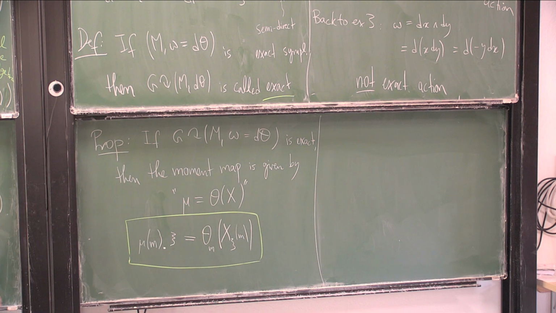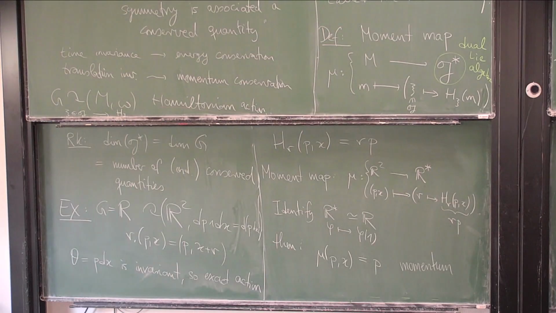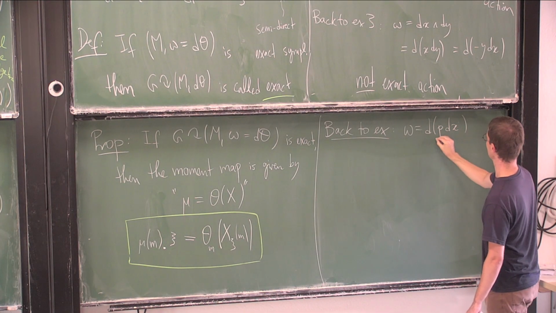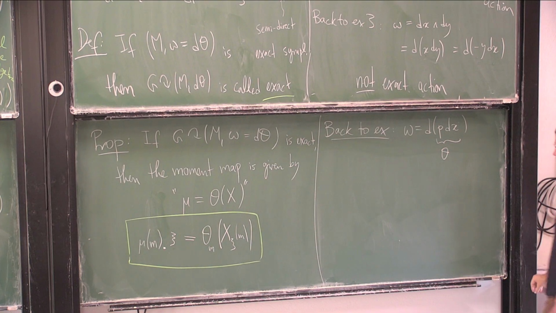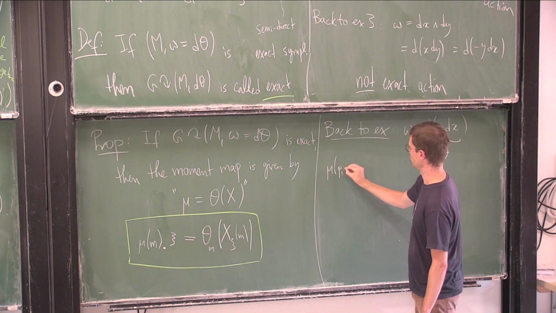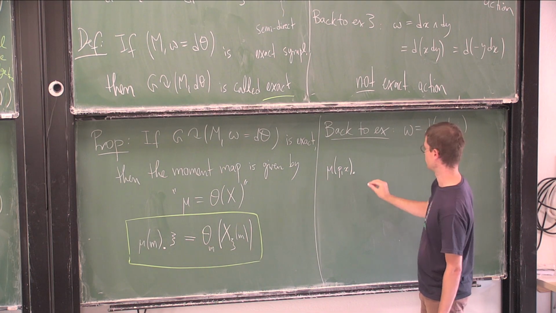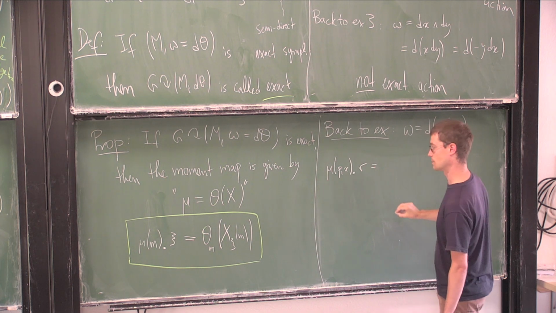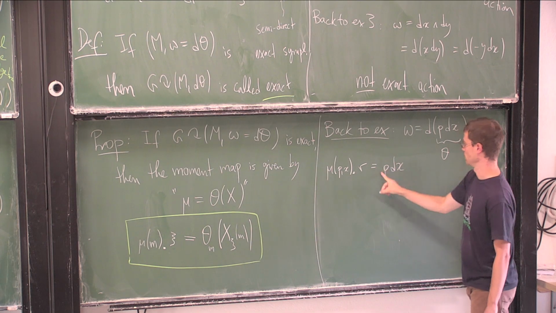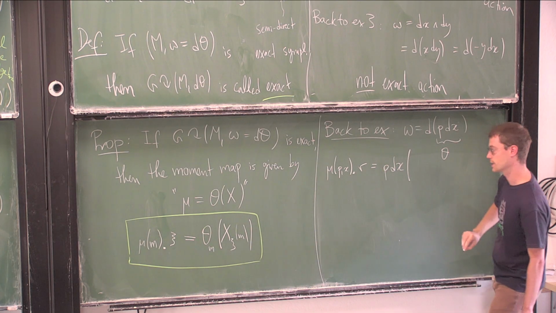So let's see what happens in this example. Back to the example, we saw that omega is d(p) dx, so this is theta. So mu at the point (x, p) applied to r should be this form p dx at the point (x, p), evaluated at the vector field.